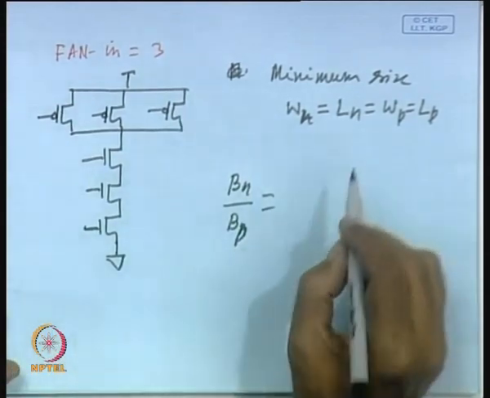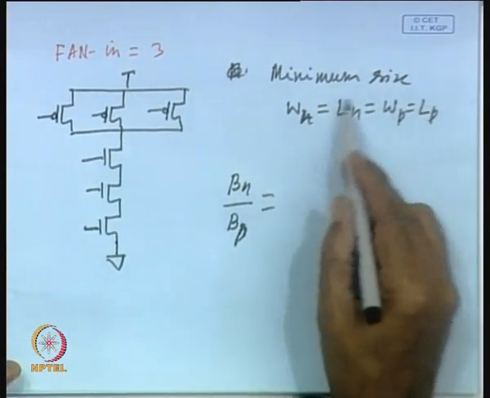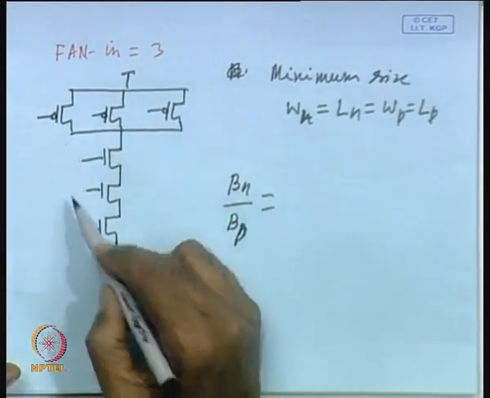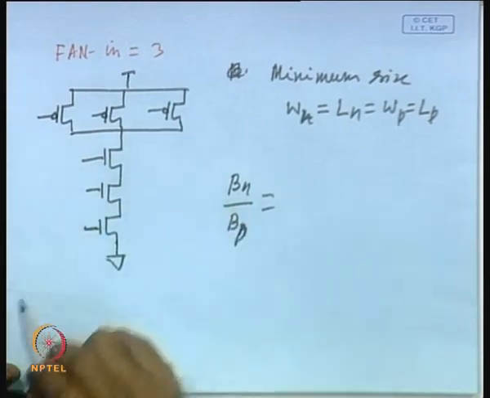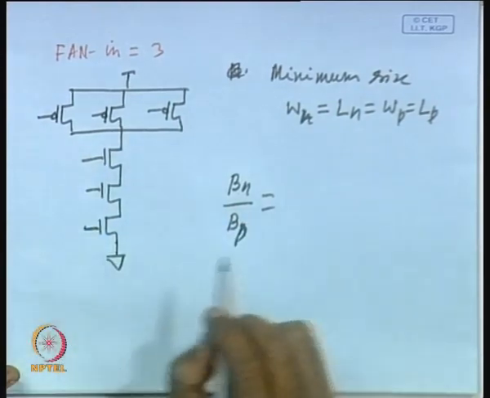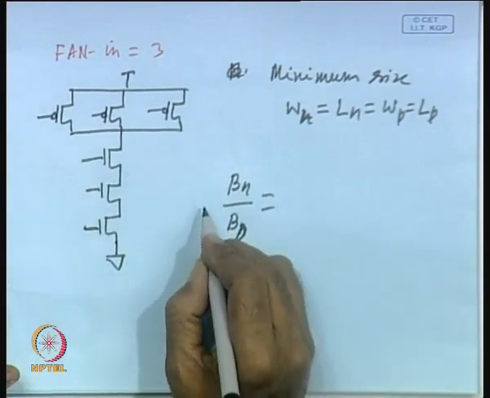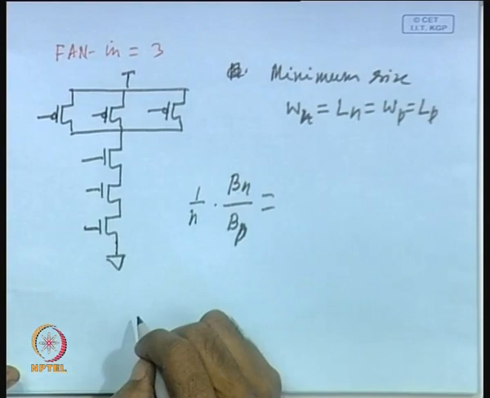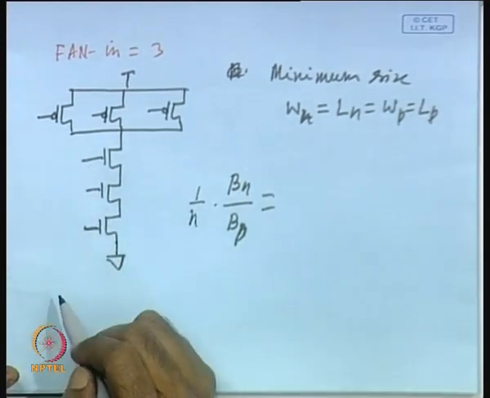As we know, since they are of the same length and width, for this particular configuration the equivalent beta n by beta p will be equal to 1 by n. What is n? n is the number of inputs in this case.